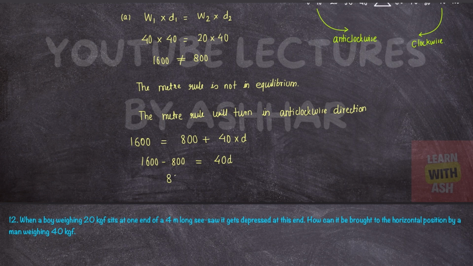So 800 is equal to 40D, and my D comes out to be 800 divided by 40, which is 20 centimeter. This will be my answer for the second part.